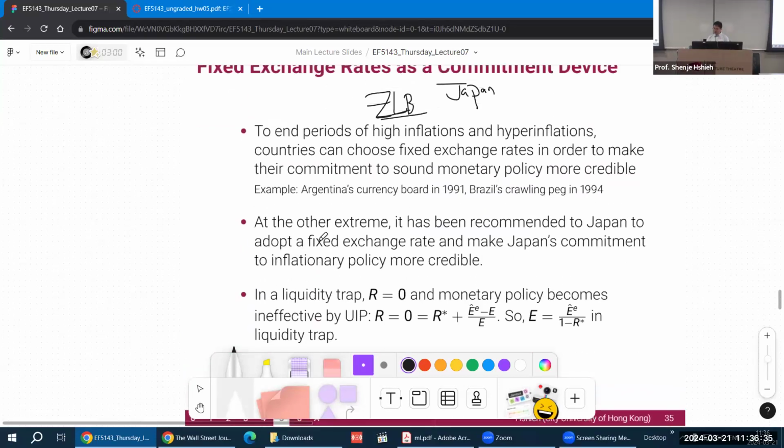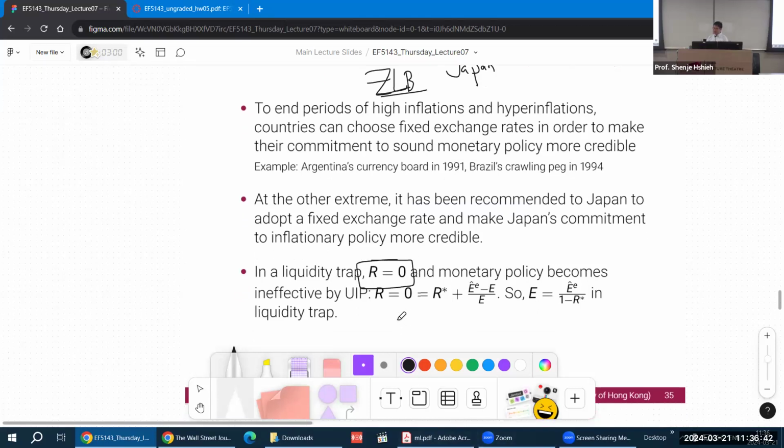First things first, if you are at the zero lower bound, your domestic interest rate is 0%. And under UIP, your exchange rate is therefore stuck at this equation here. So all you have to do is just set R equals 0 and then solve for E. E should be that. Okay? So you're stuck there.